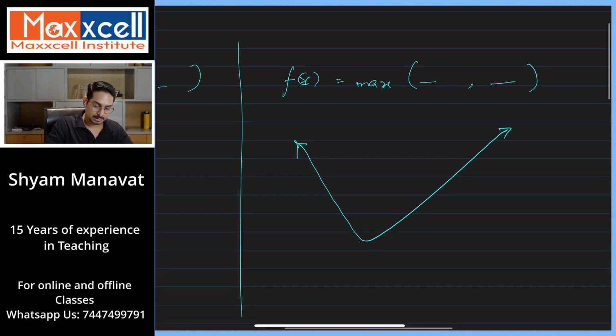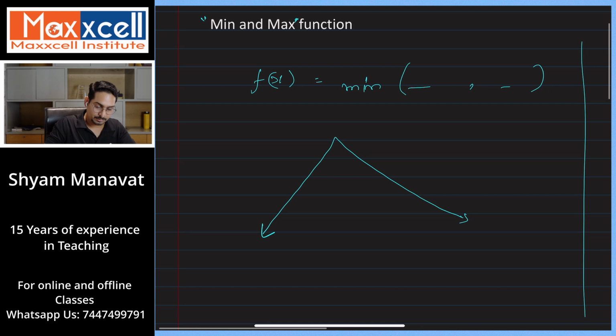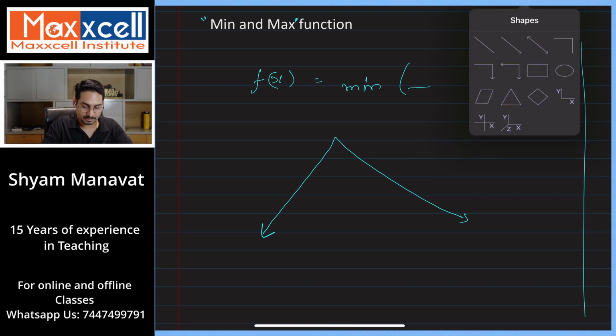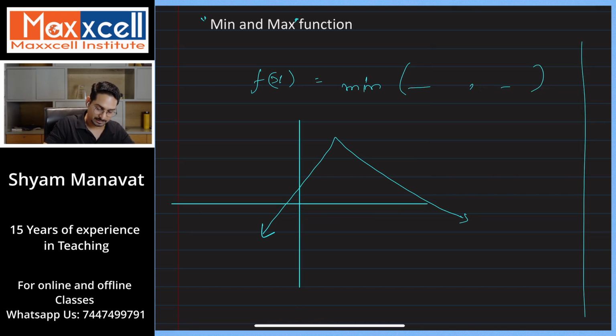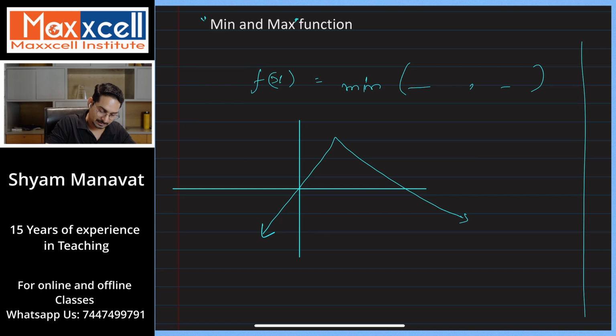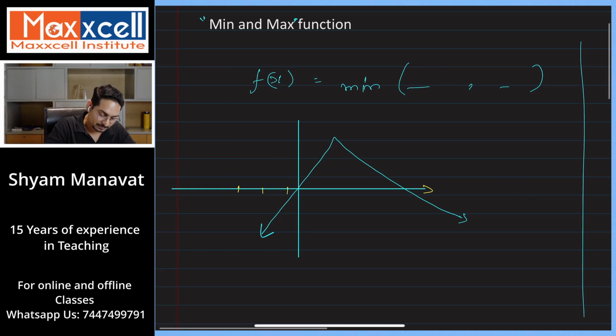Now, what you need to understand, if you see this on the XY plane, you can see that with increasing value of x, if you go towards the right side, the value of x increases. With increase of the value of x, how is this function changing the value of y?